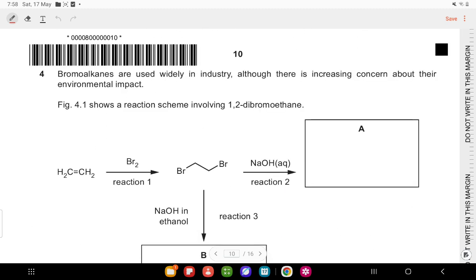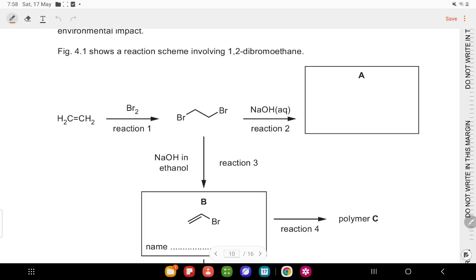Question number 4. Bromoalkanes are used widely in industry, although there is increasing concern about their environmental impact. Figure 4.1 shows a reaction scheme involving 1,2-dibromoethane. So this is reaction 1, this is reaction 2.